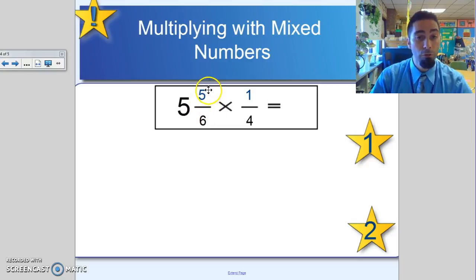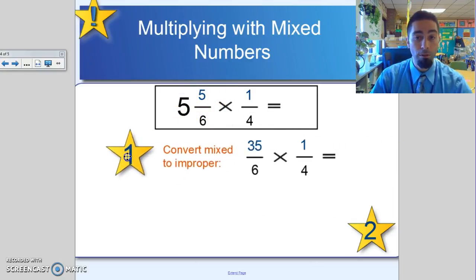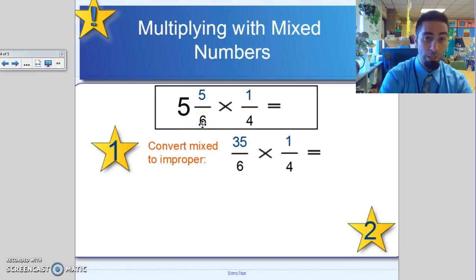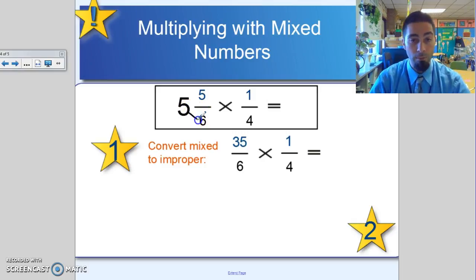So you're going to first change this mixed number right here into an improper fraction. So convert the mixed to improper, and that would be 5 times 6 would make 30. The check mark. So we need to do the check mark here. So 5 times 6 is 30. And then add 5 makes 35.